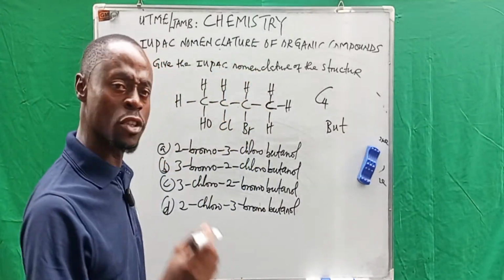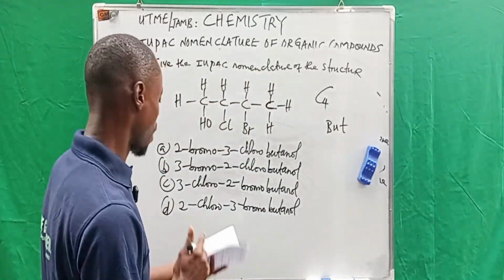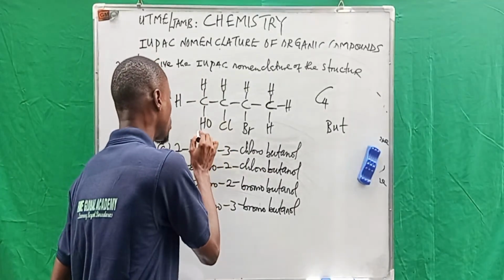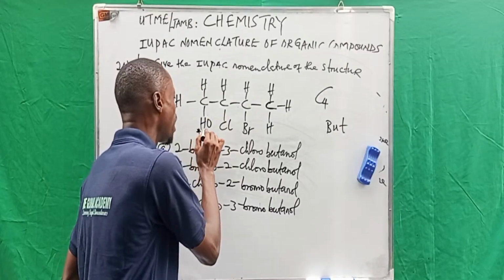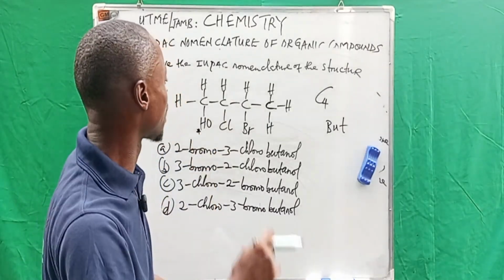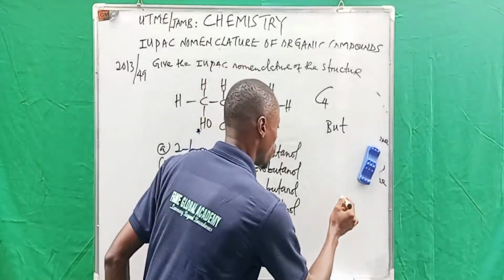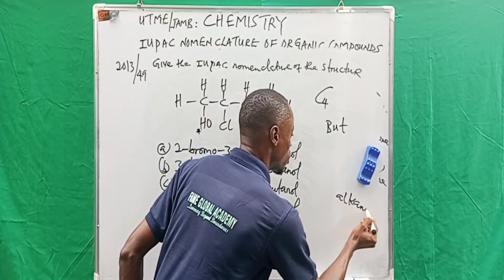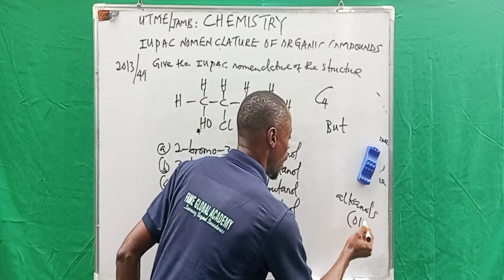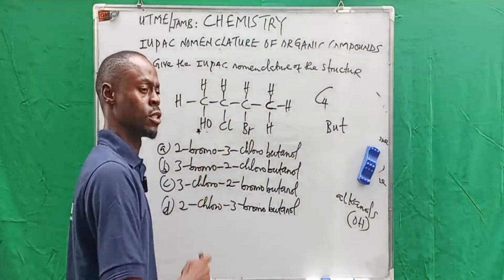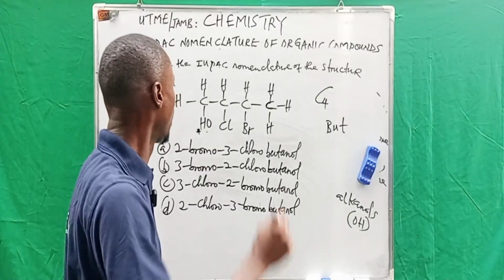All right, having seen that, the next thing is to identify the functional group. The functional group here is the HO or OH. We call it hydroxy functional group from a homologous family known as the alkanols. They have OH functional group.